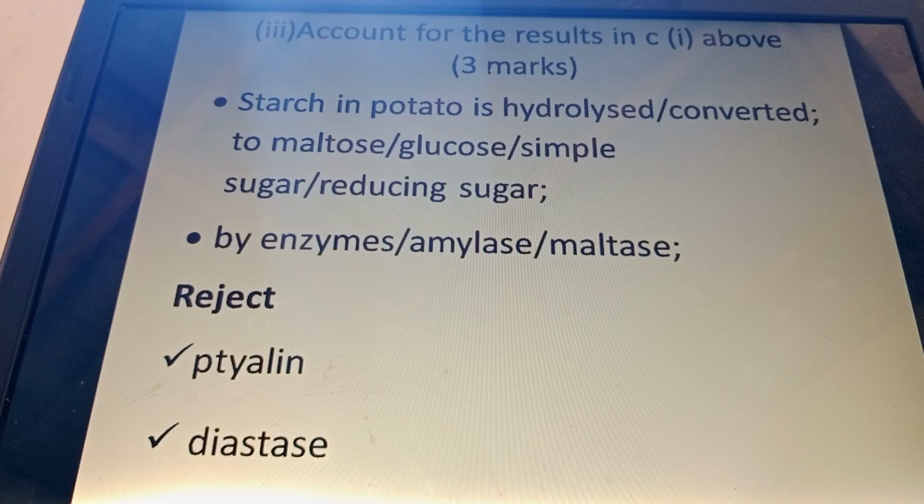So in a sentence, you can say, starch in potato is converted to simple sugar by amylase, and you see I've not put strokes, so you have to be very careful. Never put strokes. Reject starch for the enzyme and also reject diastase. It must be maltase or amylase.